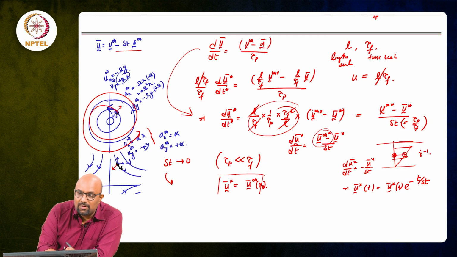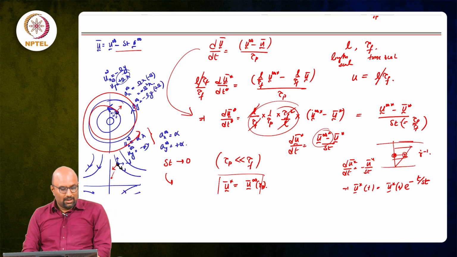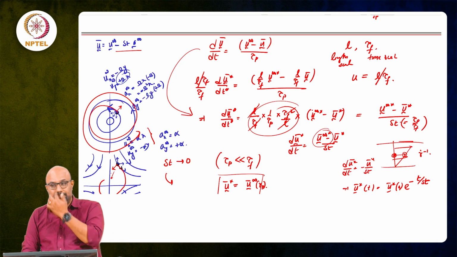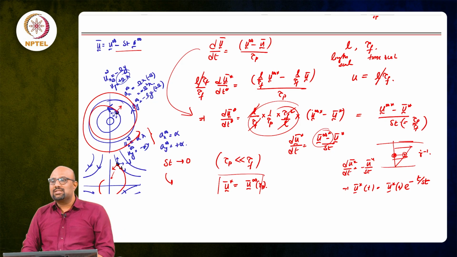It will move inward, it will go towards the stagnation point. So here as it tries to move, it is going to move inward. It will go and collect towards the stagnation point.